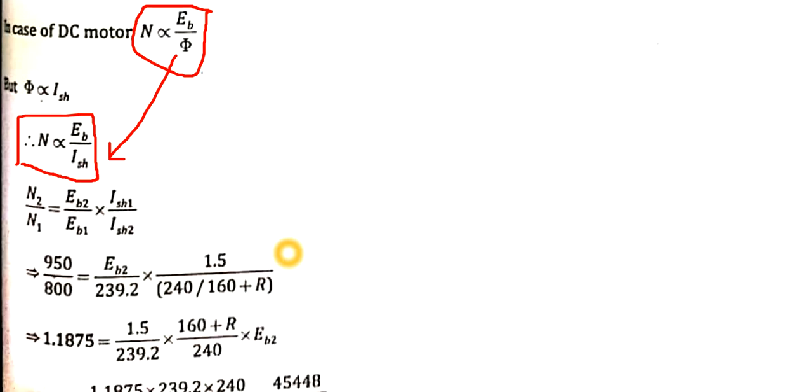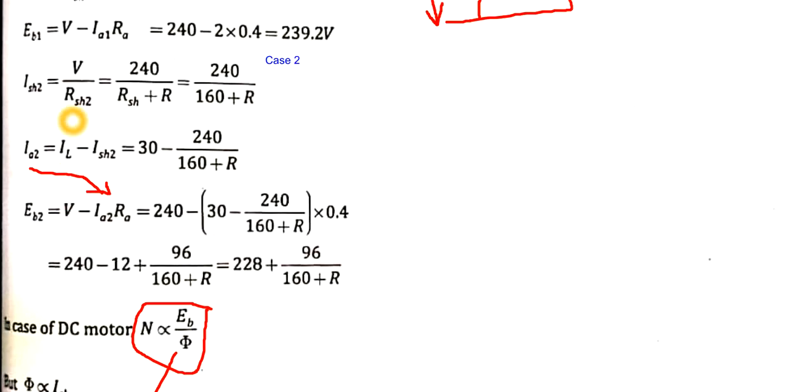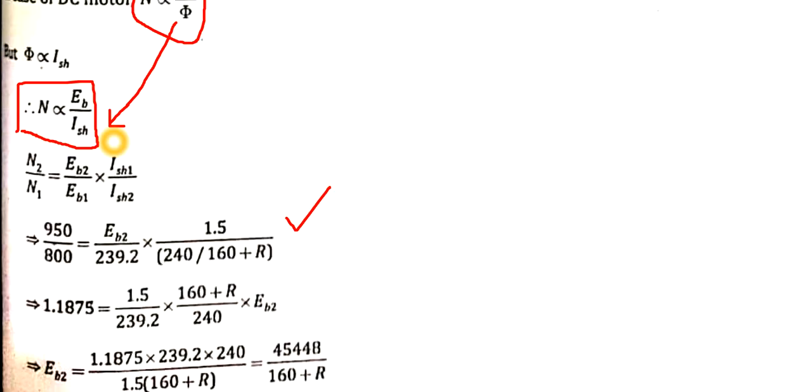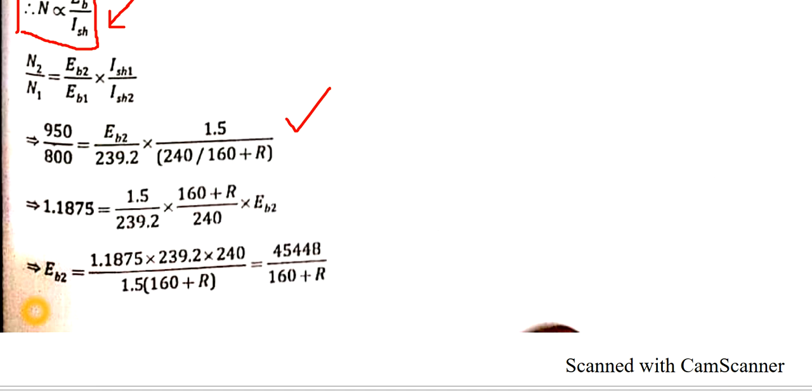So from this expression we can write that N2 by N1 is equal to EB2 by EB1 into ISH1 by ISH2, because speed and ISH are inversely related. So when you substitute all the determined values here, that is EB1, EB2, ISH1, ISH2, you will get this final equation.